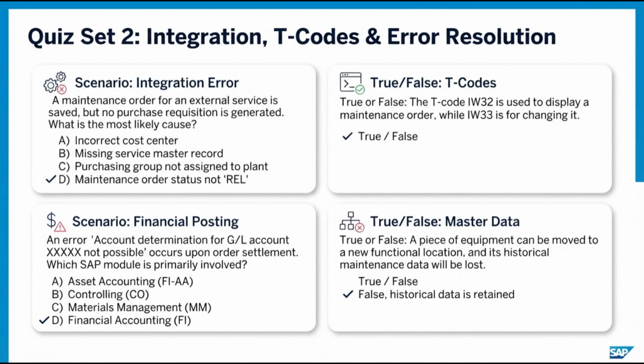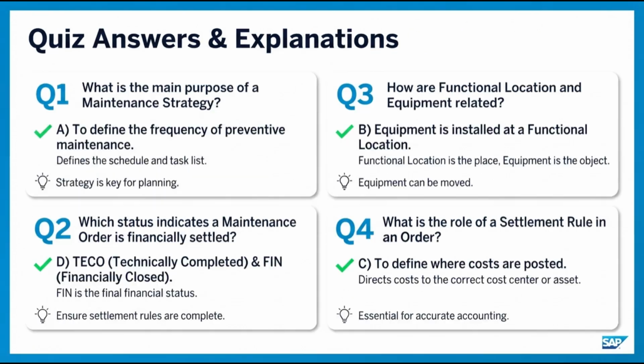Some questions may focus on common mistakes such as missing settlement rules or incomplete confirmations. These types of questions are closer to real project situations and interview discussions. They help you move from simple theory into practical thinking. Take time to understand why an answer is correct and what business impact it creates.